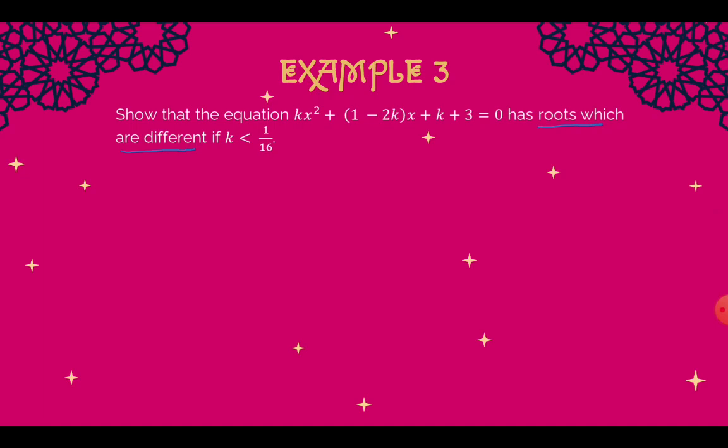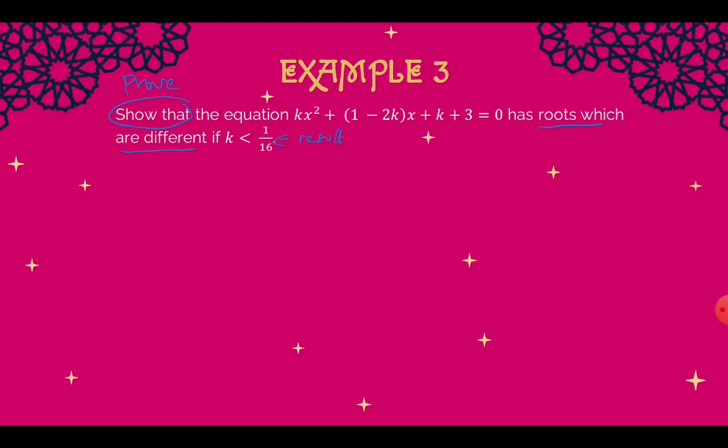First, the words show that. Show that means proof. So when we talk about proof, from the beginning until the end, this is the result. The end of our solution must be k less than 1 over 16.